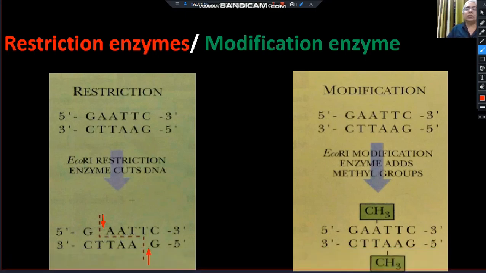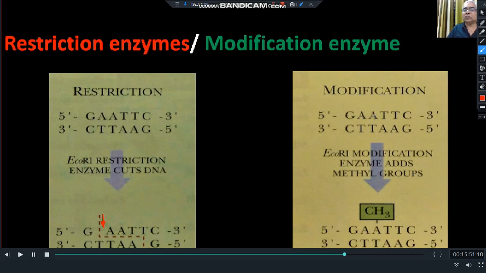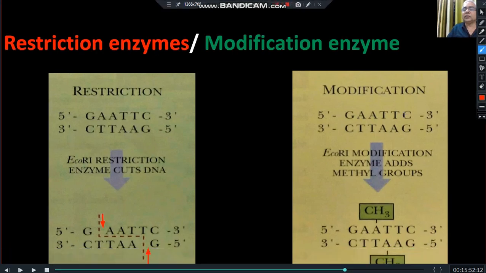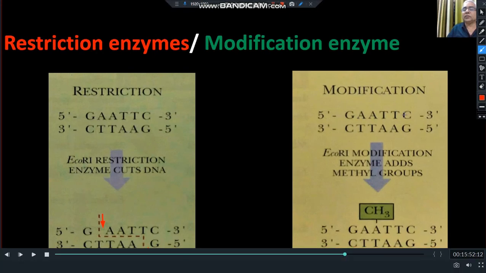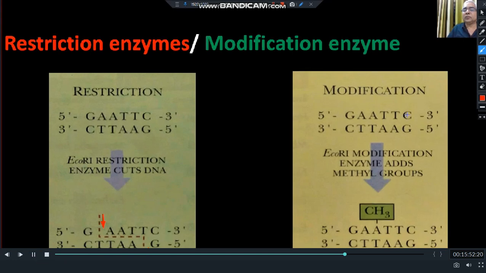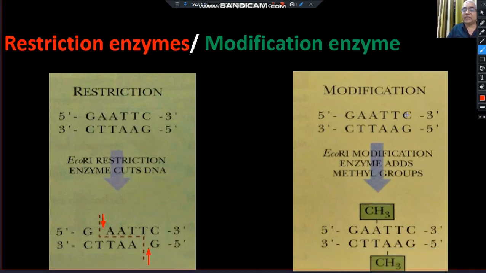Now what does the modification enzyme in fact do? It determines the same nucleotide sequence G A A T T C, and as soon as it detects it, it modifies the DNA sequence.